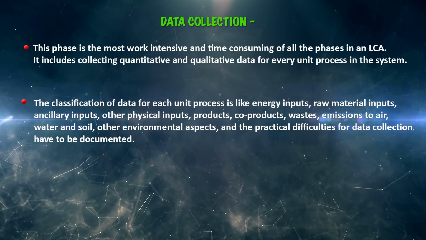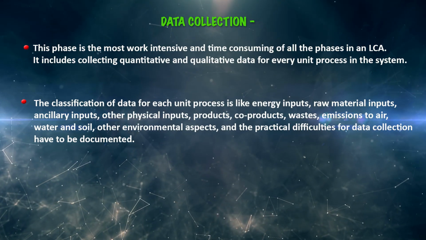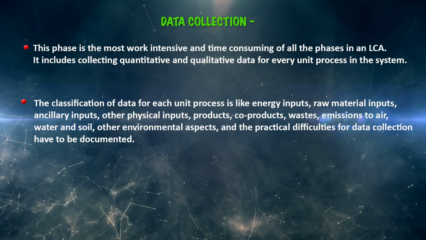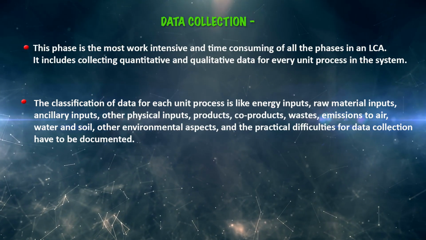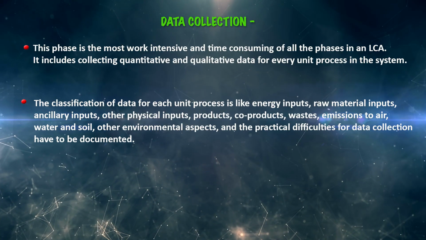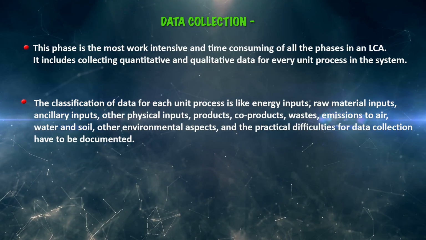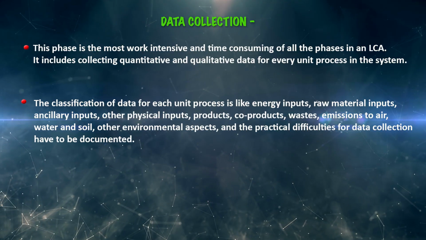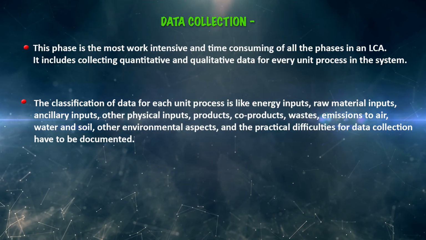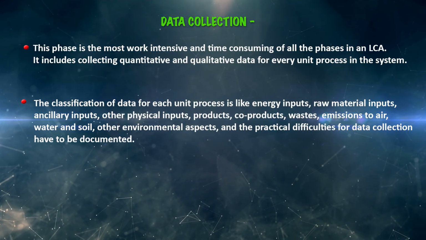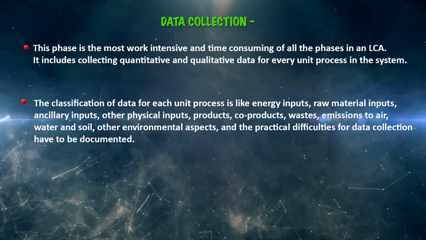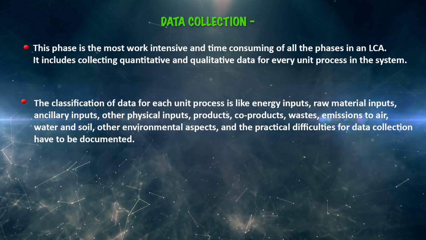The classification of data for each unit process is like energy inputs, raw material procurement, ancillary inputs or other physical inputs, products, co-products, waste, emissions to water, emissions to air and soil, and other environmental aspects, and practical difficulties for data collection have to be documented specifically.